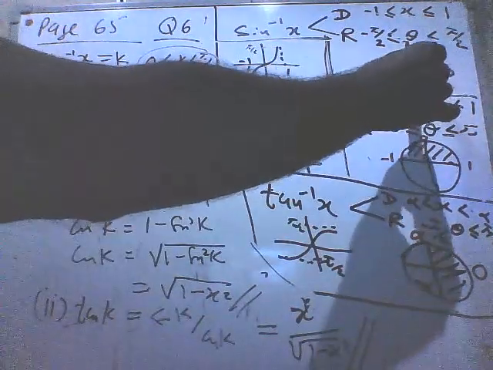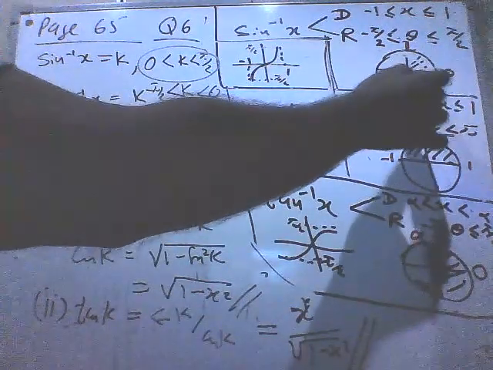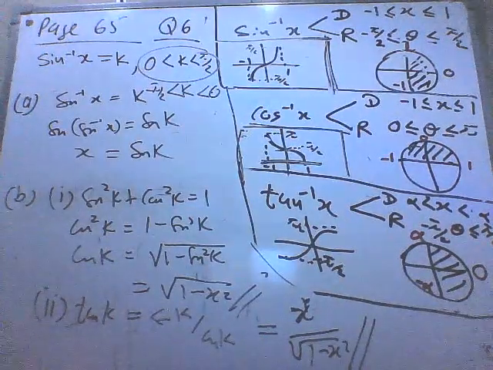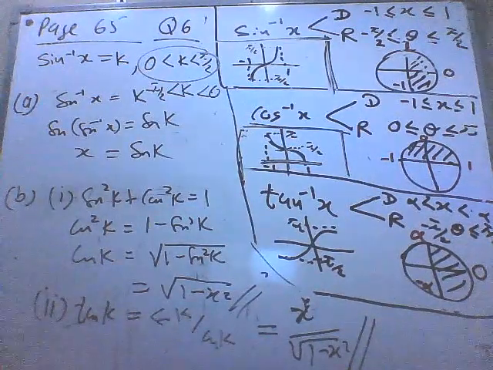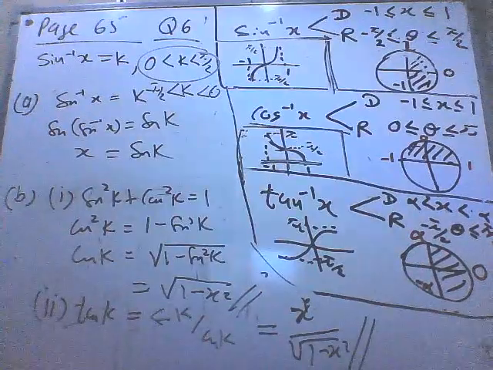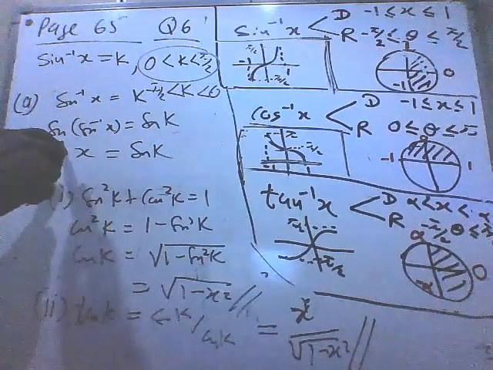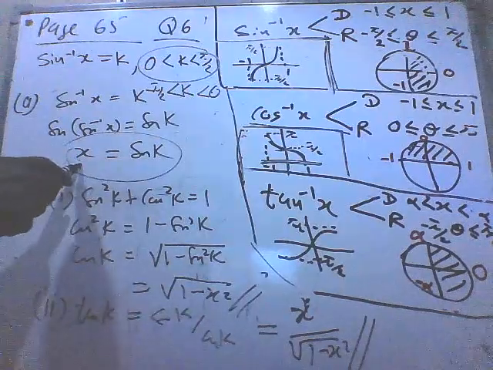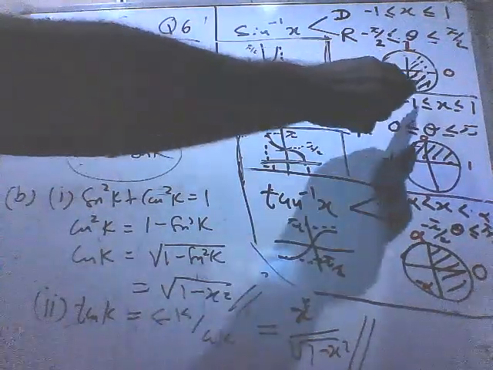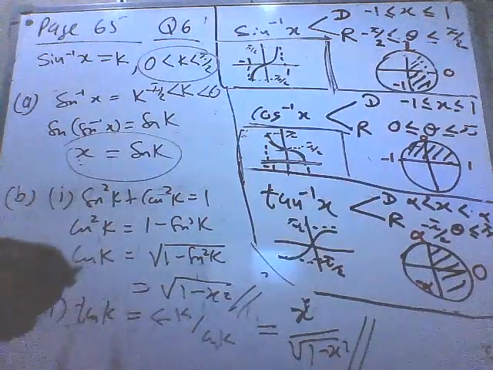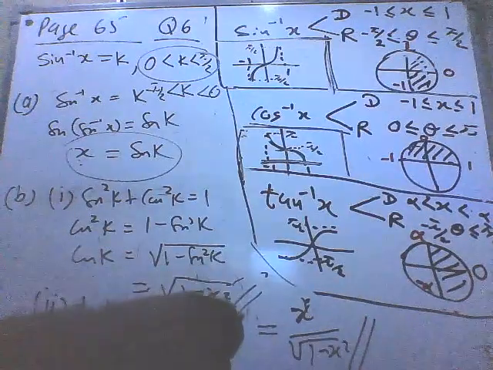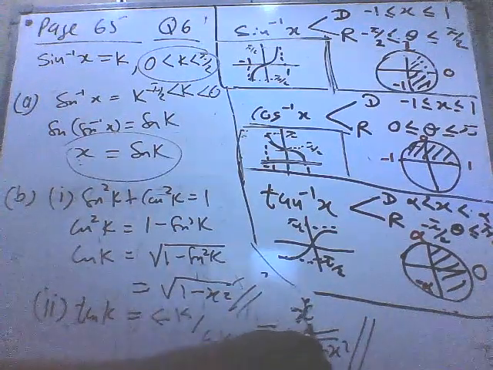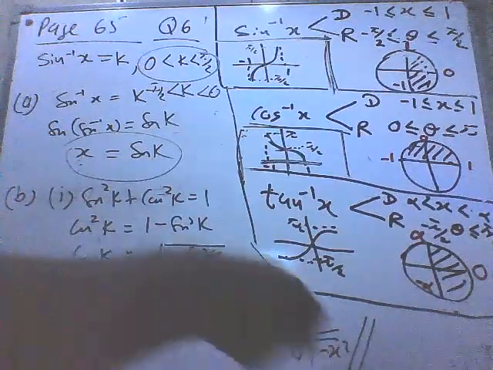So if k is in this range, sine inverse x will become a negative value. But cos values are always the same, so no change for this, while tan will become negative, but still the expression won't change, right?